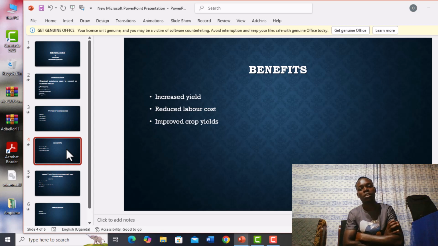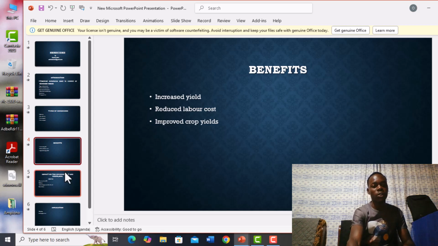The next thing is reduced labor cost. When you compare the usage of herbicides and manual labor, you will find out that herbicides are less costly than human labor. That's why it reduces labor cost. And the next thing is improved crop yields. I think it's almost the same as the first point.